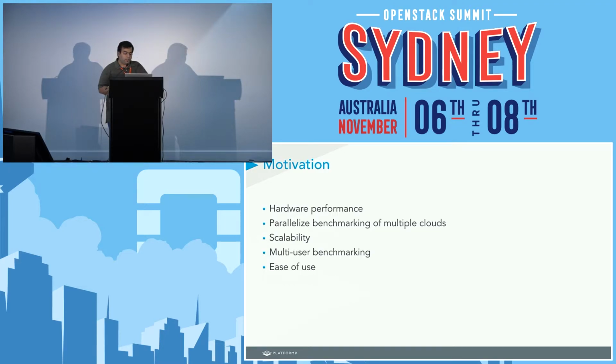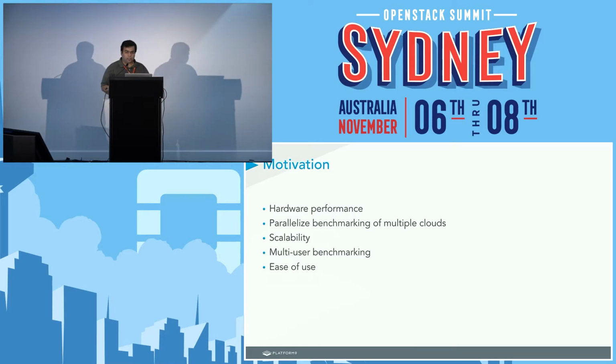At Platform 9, we deploy multiple clouds, and there was a need for us to benchmark those clouds in a multi-user environment. And the current tool, OpenStack Rally, doesn't really support that. It's a CLI-only tool, and it's not really scalable when you have too many clouds to benchmark on.